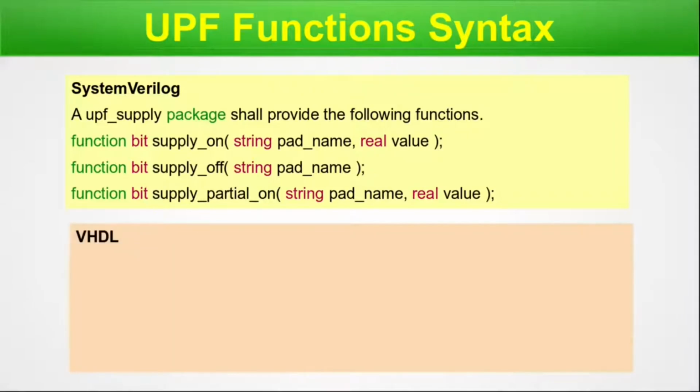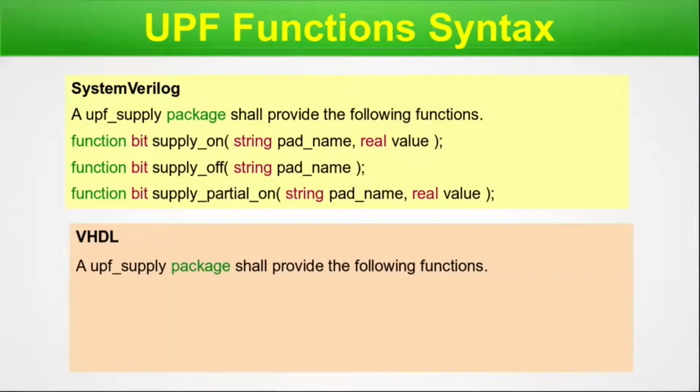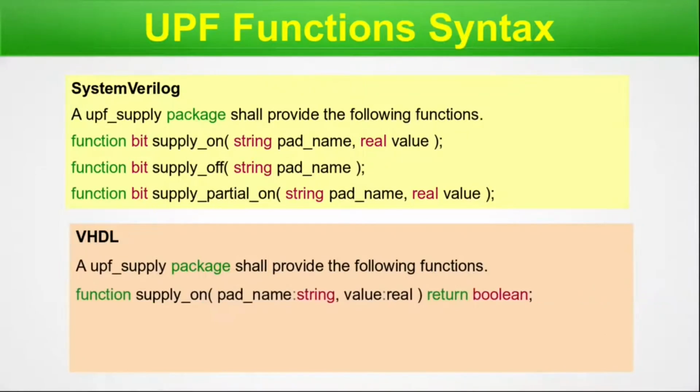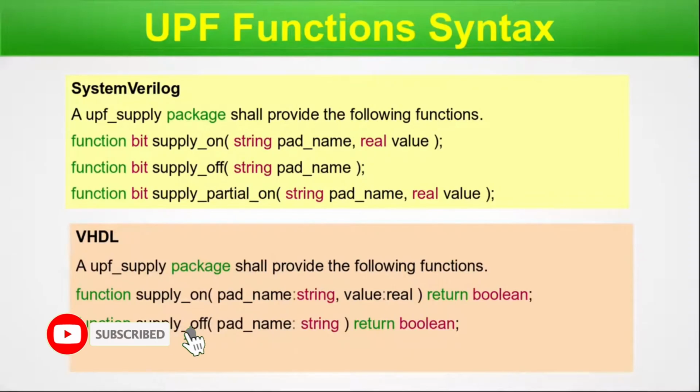Let's look at the VHDL part. A UPF supply package shall provide the following functions. Function supply on, arguments are pad name, string, then value is real, and return type is boolean. Function supply off has pad name, string, and return type is boolean.